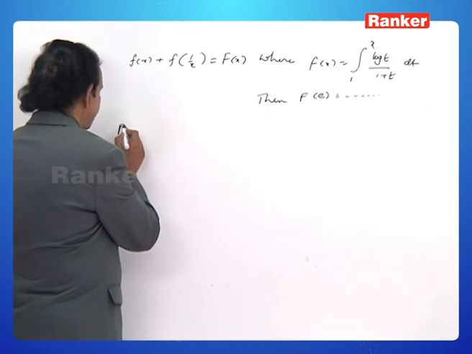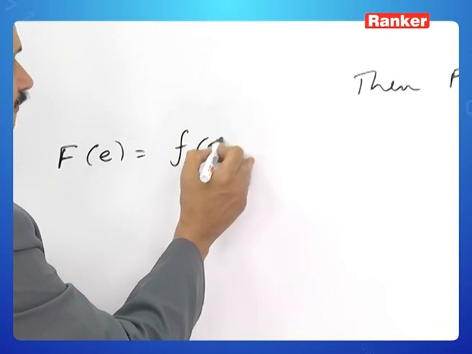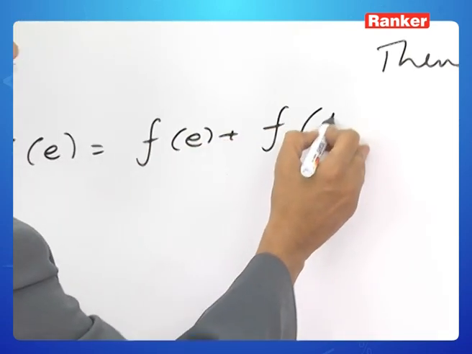Look here. F of e is equal to f of e plus f of 1 by e.